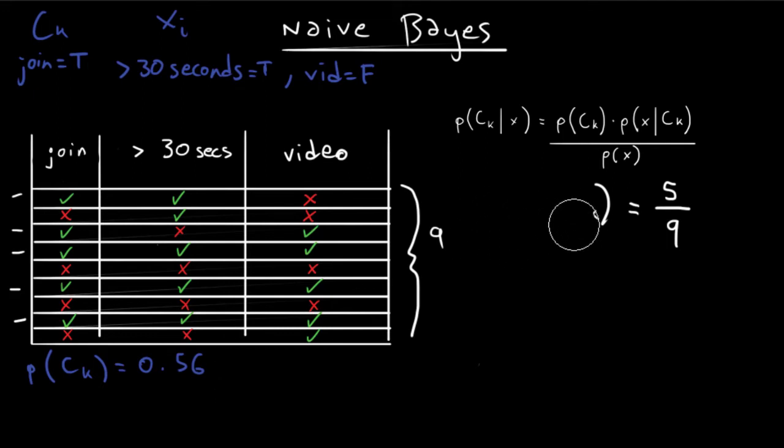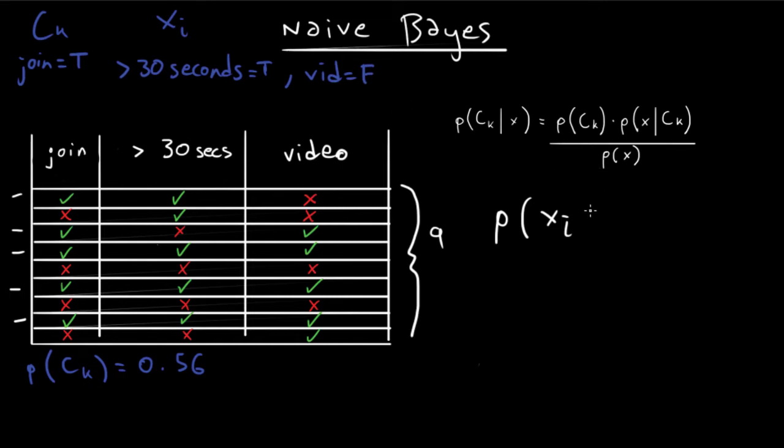Okay, so we've looked at all observations. We're not constraining it to any case yet, but in this next term we are. We're asked to find the probability of our features occurring, our features being greater than 30 seconds and people who have not watched the video.